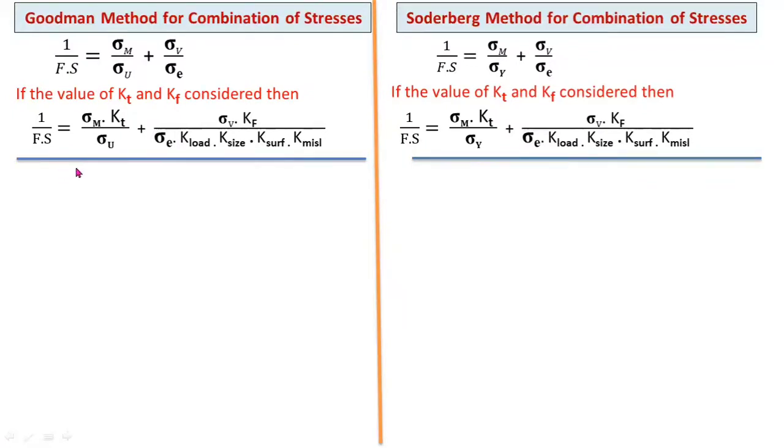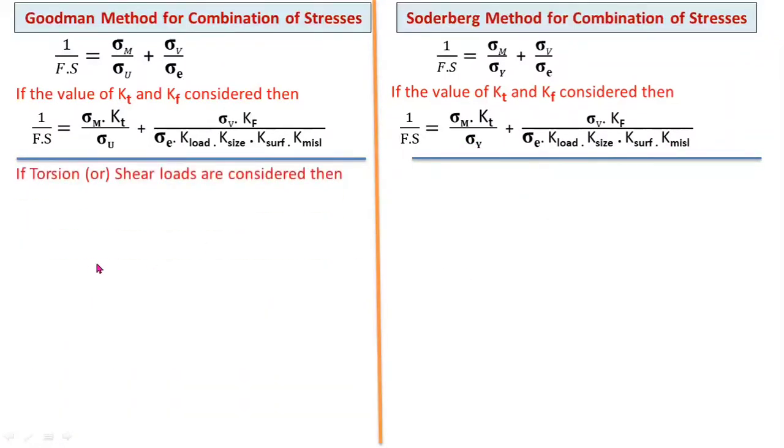Goodman's method is mainly designed based upon ultimate strength, and Soderberg method is designed based upon yield stress.